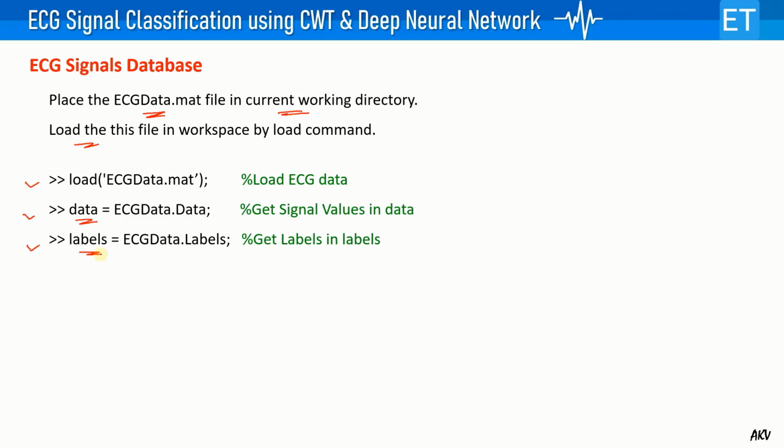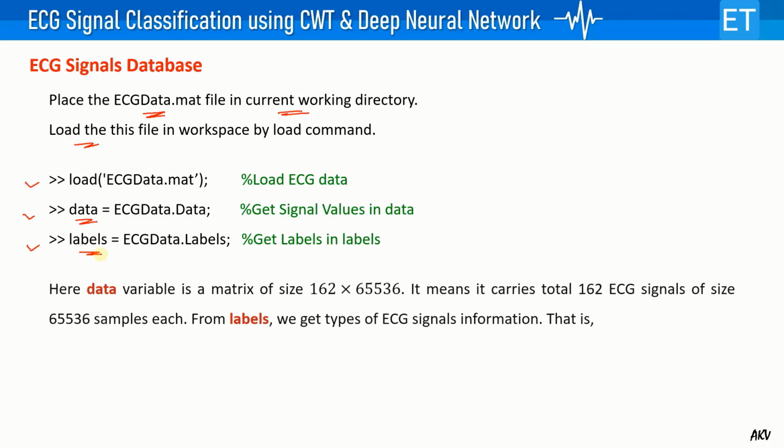Labels means the name of each signal. I mean, some signals are of type ARR, some are of type CHF, and others are of type NSR. So here, if you see in the workspace, this variable data is a matrix of size 162 by 65,536.